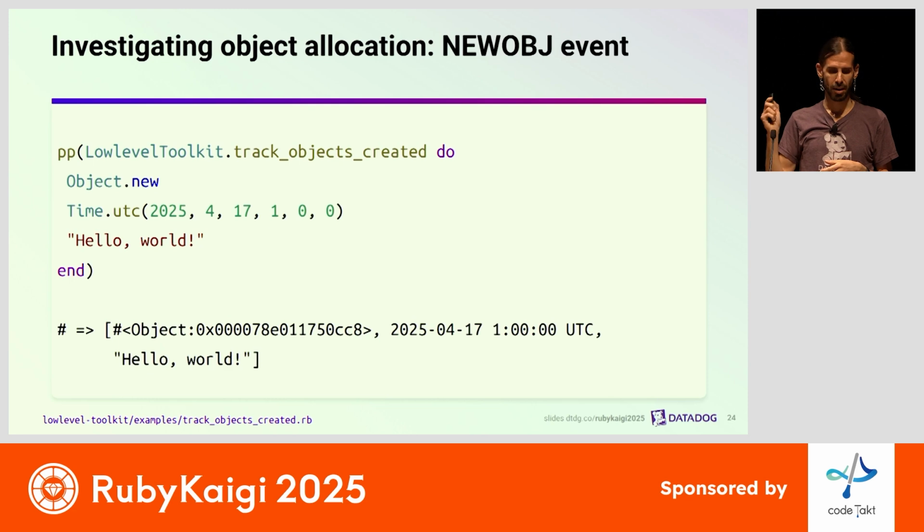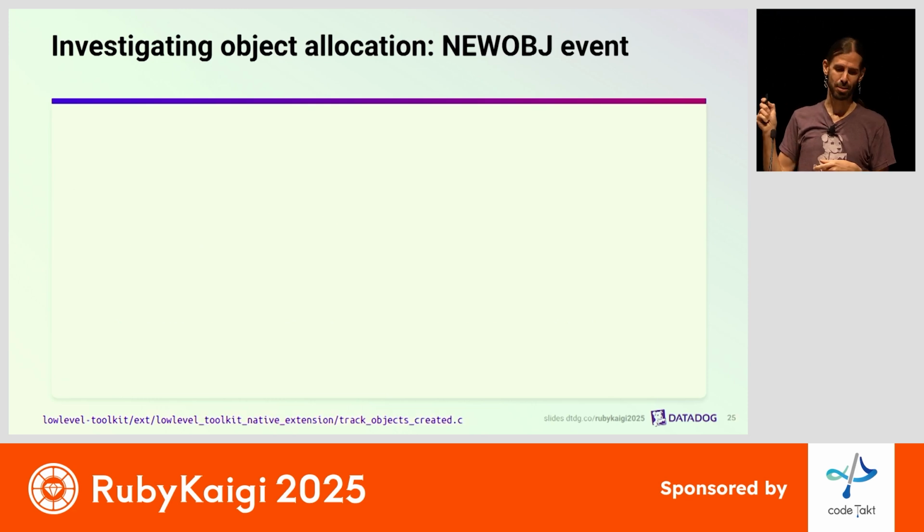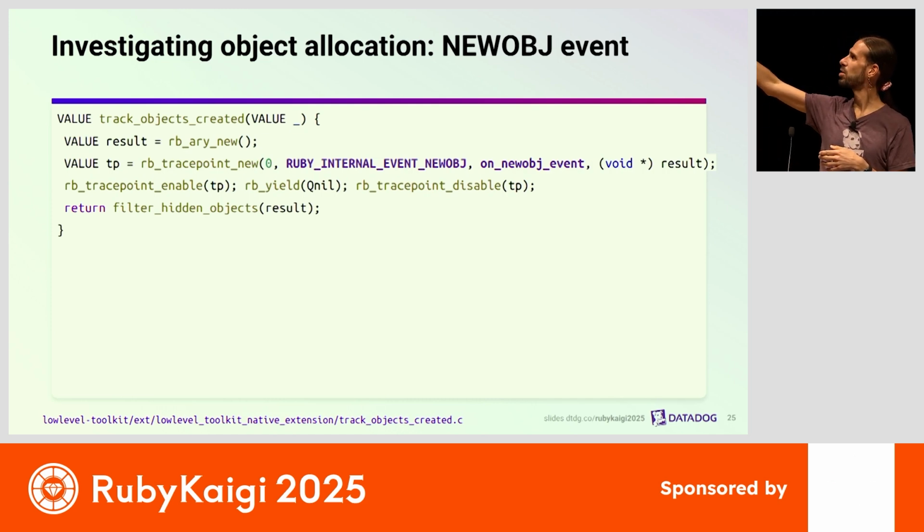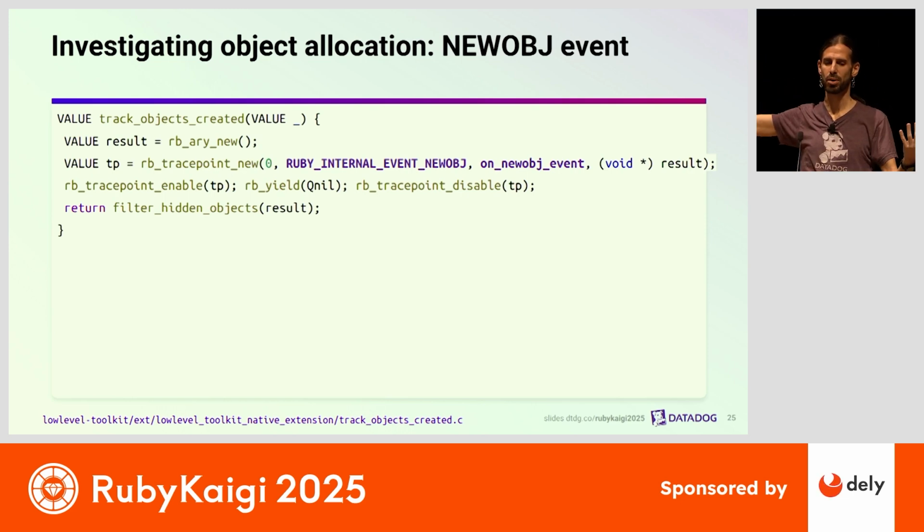So how can we build this very simple tool with the new object event? Okay, this is where the C code comes in. We create this track objects created function in C, and this is how you create a trace point from C code. You see rb_tracepoint_new, it's the equivalent of what you would do in Ruby. But now you can pass the special event, which is the new object event, which is one of those events that are not available to Ruby code.